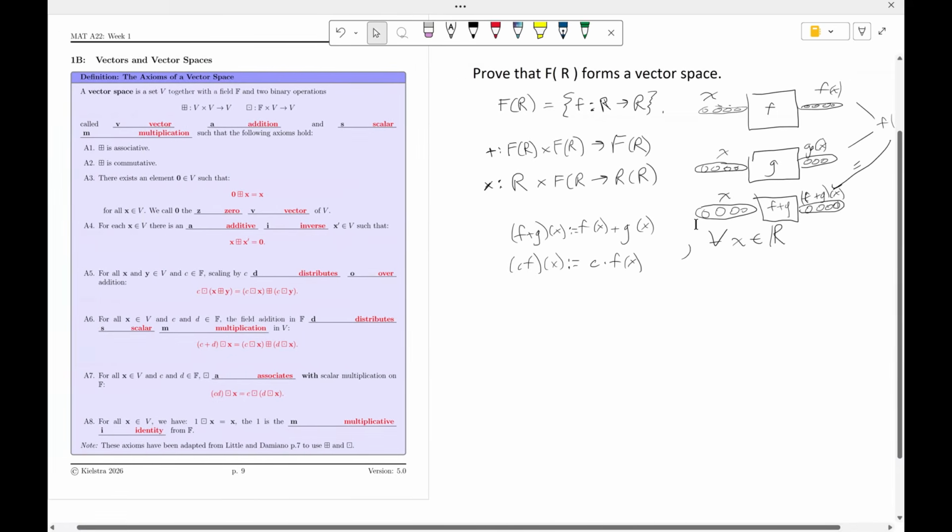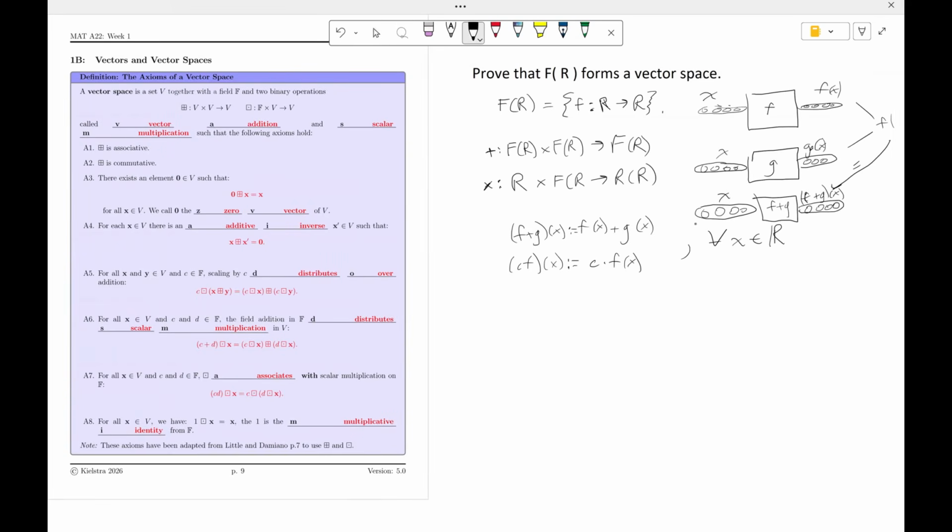Okay. Now, to prove the axioms of the vector space, we have a similar breakdown to what we had before in our field. We have two closure statements. We have six left side equals right side statements.